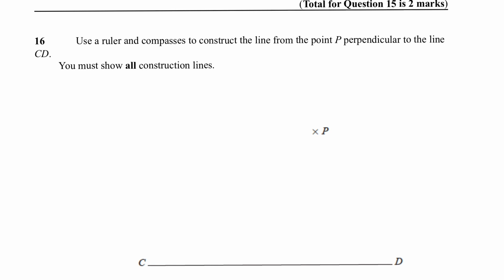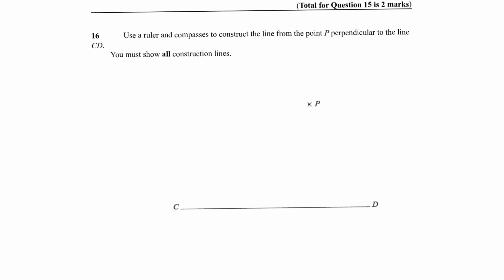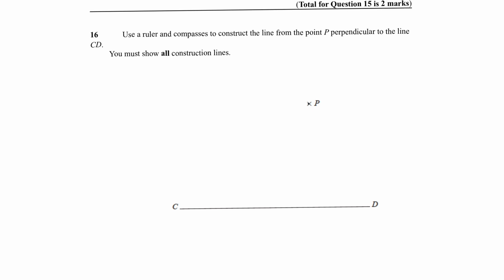So using your compass, your sharp point of your compass would be on point P. Then your pencil part, put your pencil here, or here. So just anywhere below the line of CD.